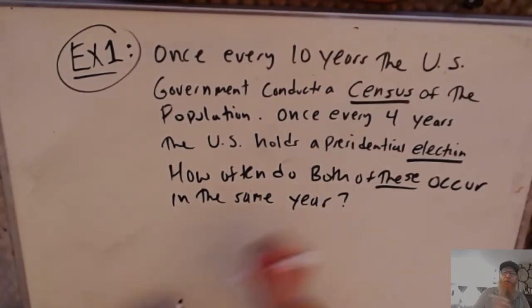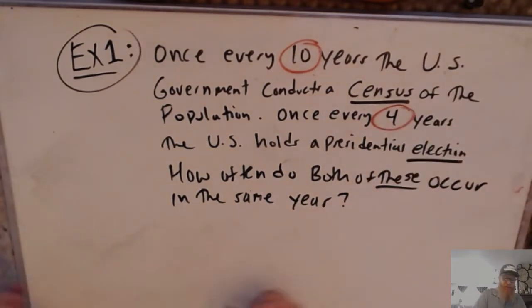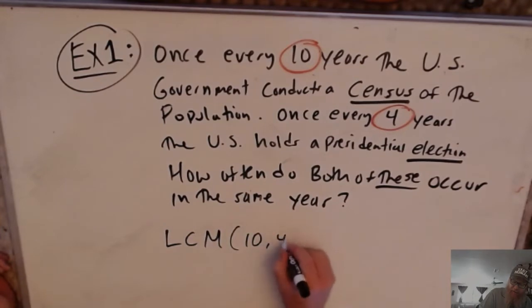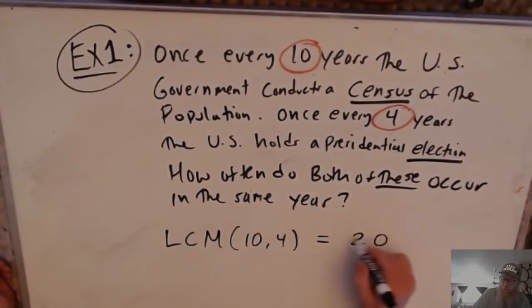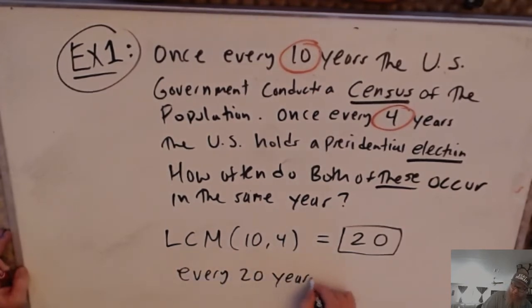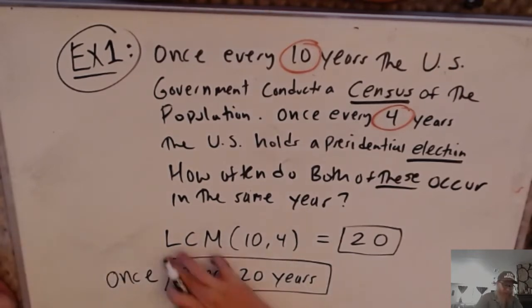So we have once every 10 years, once every 4 years. So we have the LCM of 10 and 4, which we already know is 20. So every 20 years. Yeah. Once every 20 years.